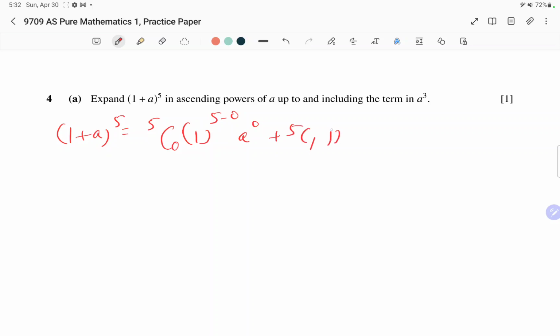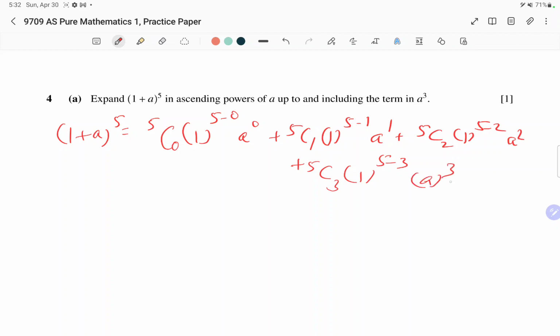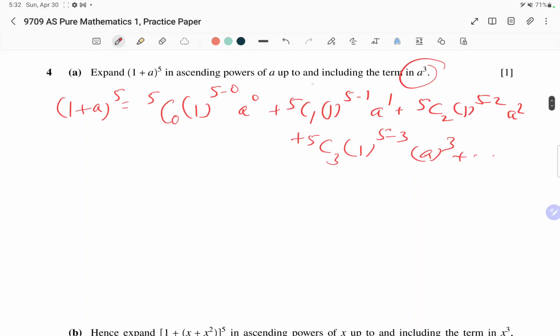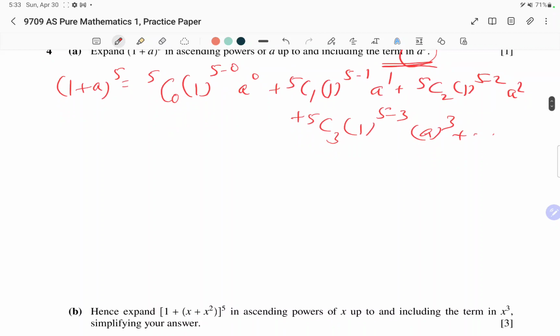Then 5C1, 1 to the power 5 minus 1, a to the power 1. 5C2, 1 to the power 5 minus 2, a to the power 2. 5C3, 1 to the power 5 minus 3, and a to the power 3. And we will not write further because it says up to and including the term in a cube, only up to a cube.